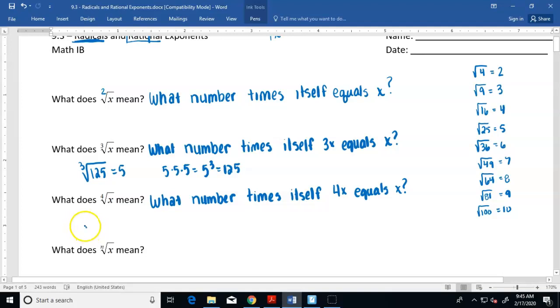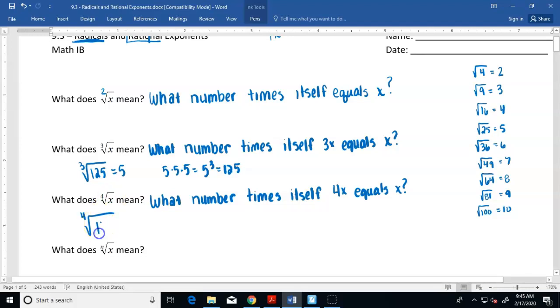So, for example, if I ask for the fourth root of 16, I have to pull out my calculator for this one. You could do fourth. Let's do that one.